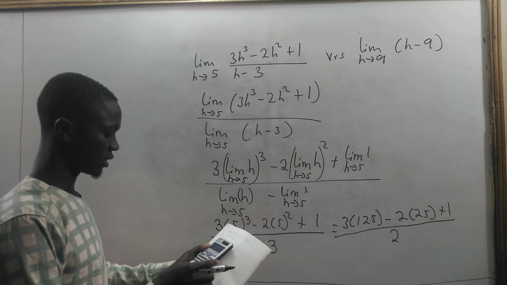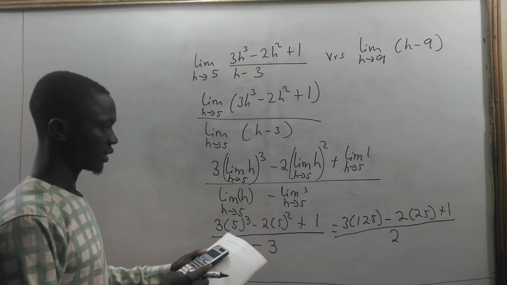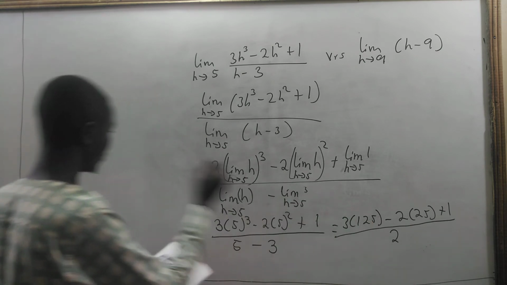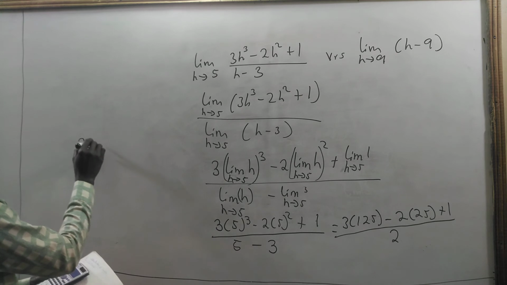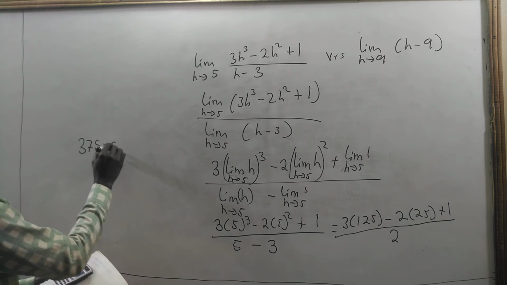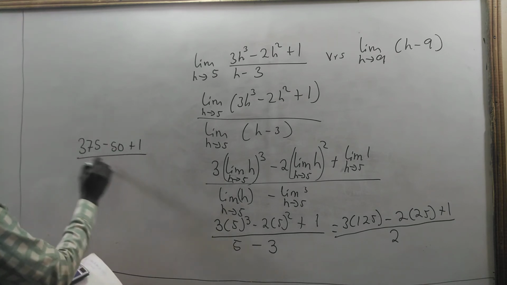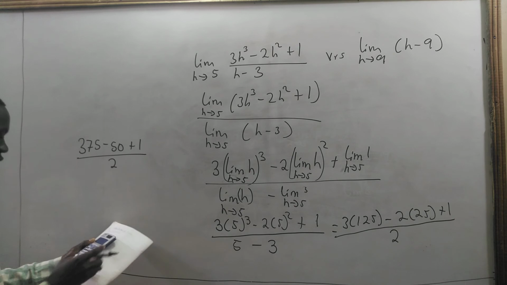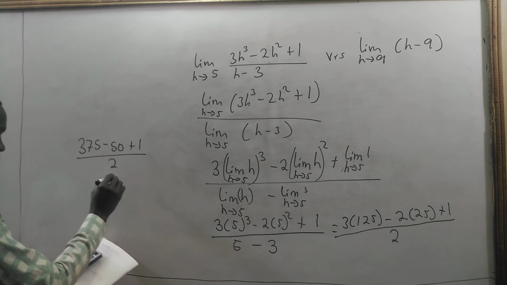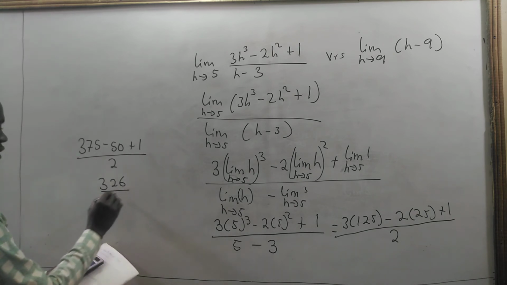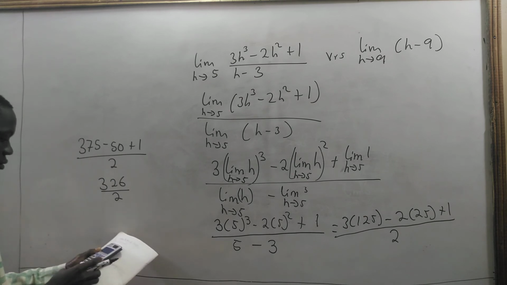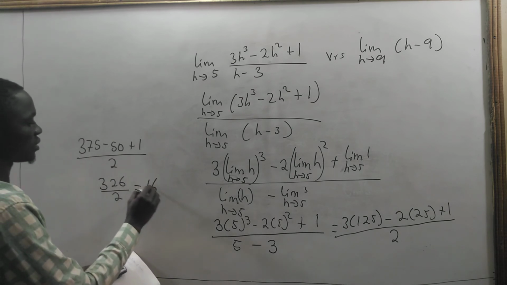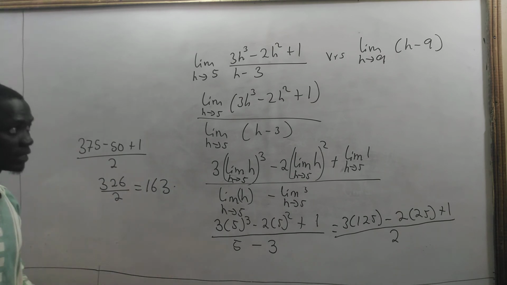So we have 3 times 125, that is 375. That is 375 minus 50 plus 1, divided by 2. That will give us 326 divided by 2, and that is 163 as the answer.